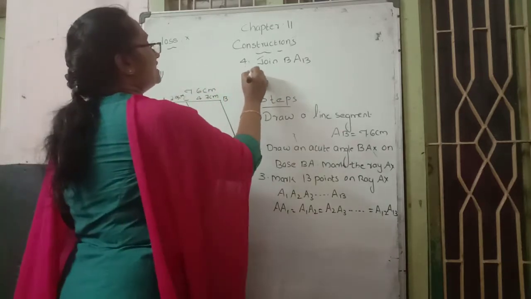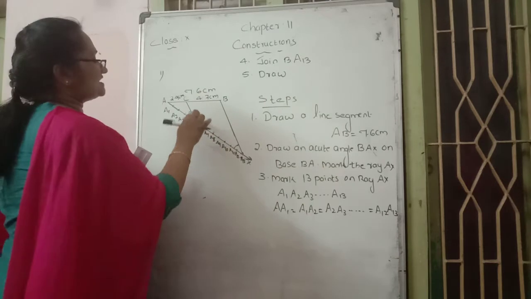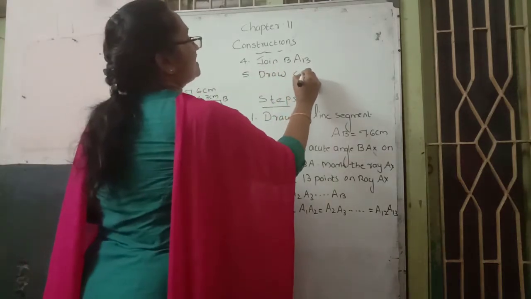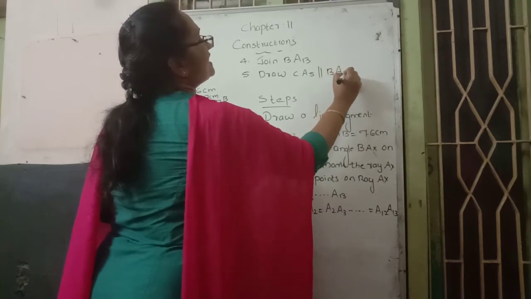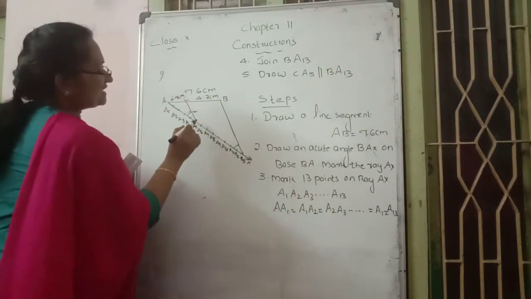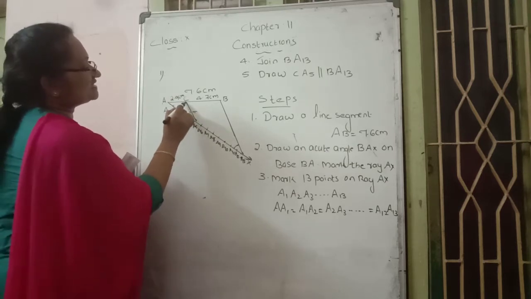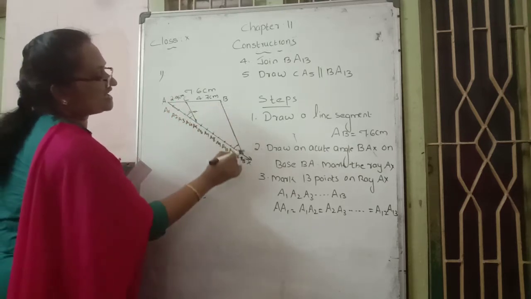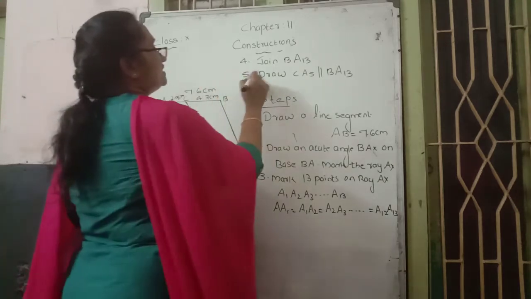Fifth step, draw in which way? Draw CA5 parallel to B A13. This line is parallel to which line? B A13 line. Then we also measure.